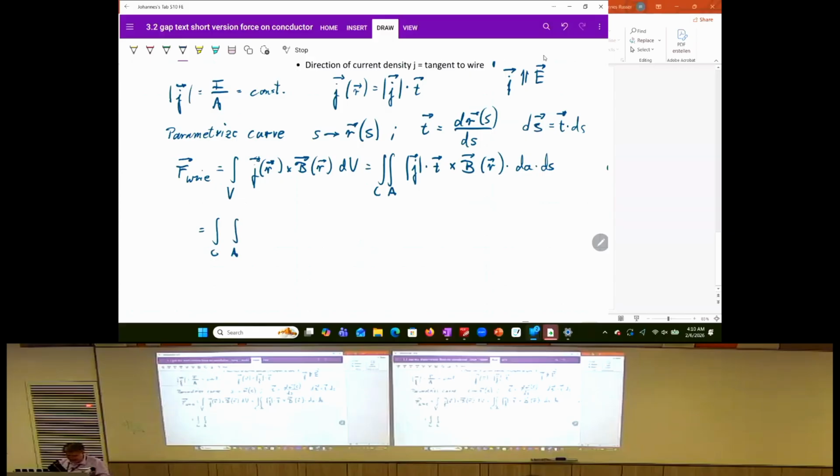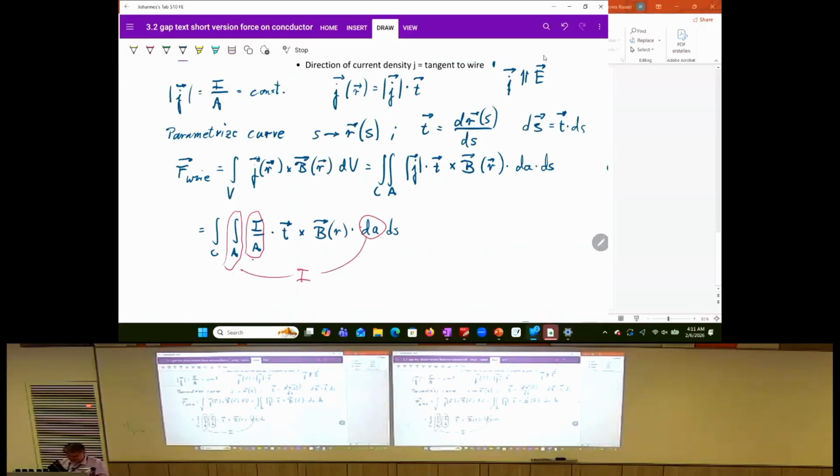Then we have said that the absolute value of J is given by I over the cross section because it is constant. And now if you evaluate that integral for the area, and of course this is a differential element, you get just the current.